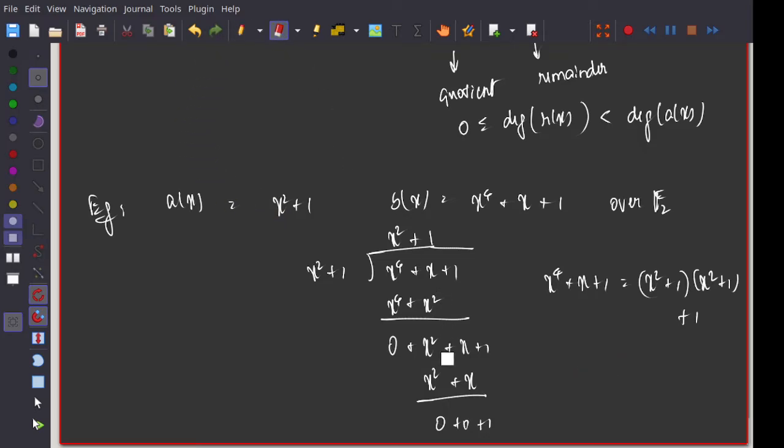Should be plus 1 x. Correct? Any questions?